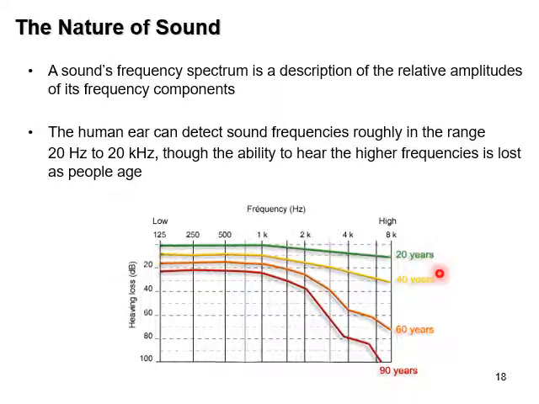Now, at 40 years old, the hearing loss for the 8 kilohertz, the high frequency, is higher. At 60 years old, and at 90 years, they cannot even hear the 8 kilohertz. And even at the lower frequencies, like 1 kilohertz, 2 kilohertz, you see the deterioration is higher. So as people age, their ability to hear the high frequencies is worse, but the low frequencies are relatively okay.